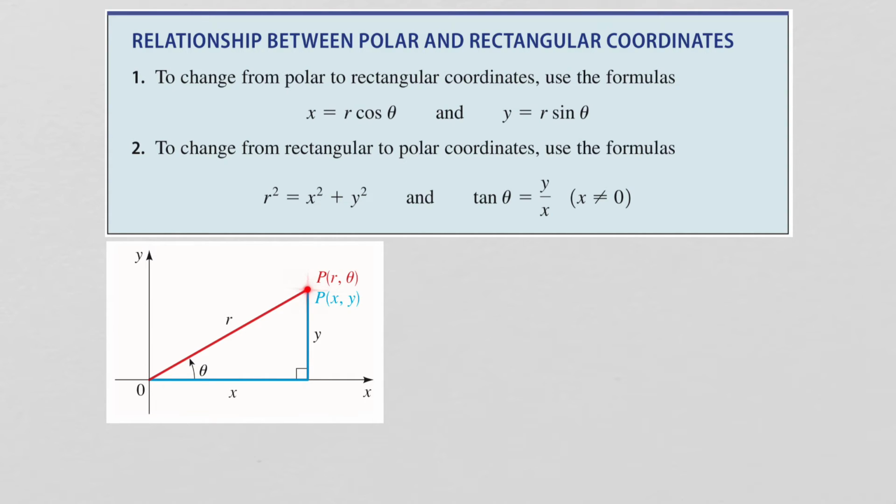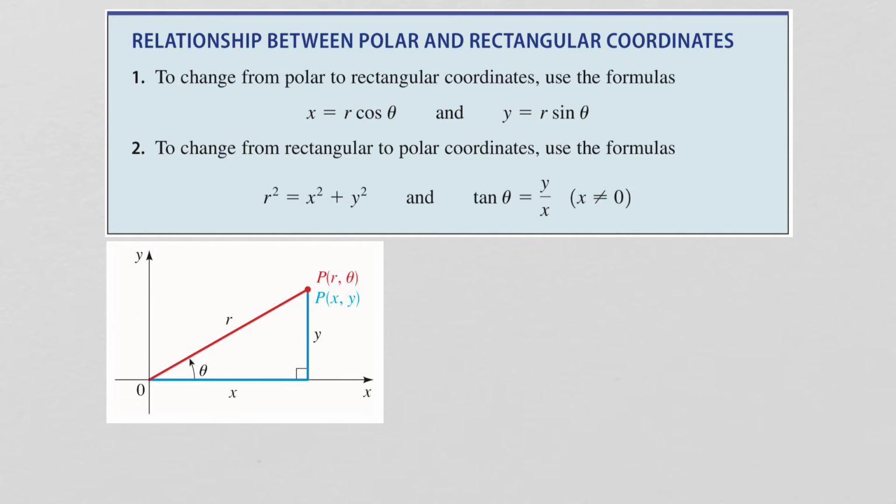Well, if we have a point located in the plane here, we know the rectangular coordinates can be given as x and y, and by the way, those are unique. And then the polar coordinates can be given by locating the angle theta and the value r that gives you that same point. And when you put all these together, you can see that you get a right triangle here.